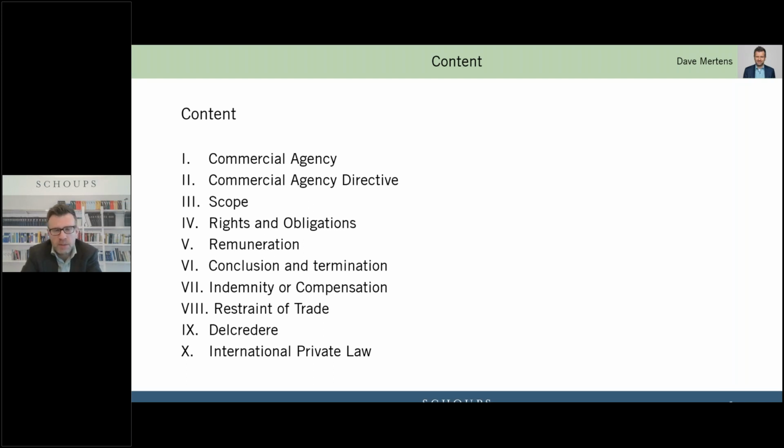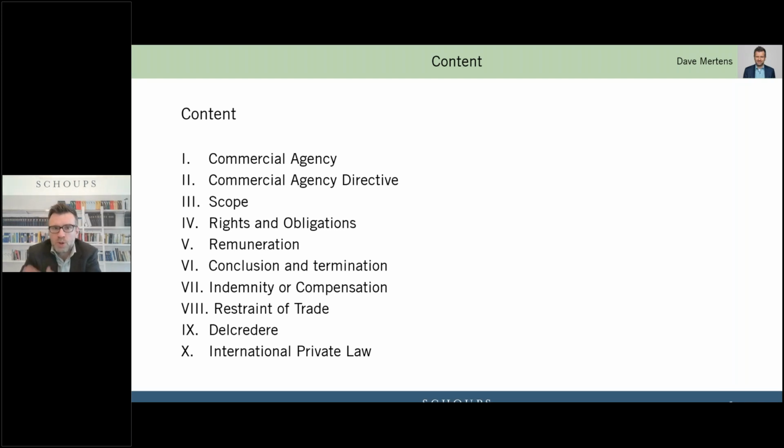Most litigation, as long as the contract is working, as long as both parties enjoy the collaboration and make enough money, is not an issue. Most litigation obviously revolves around termination of the contract, when, for instance, the principal has decided that his brand has been sufficiently established in the market, that the goal the agent was supposed to achieve has been achieved, and wants to perhaps replace this agent by a distributor or by an own affiliate.